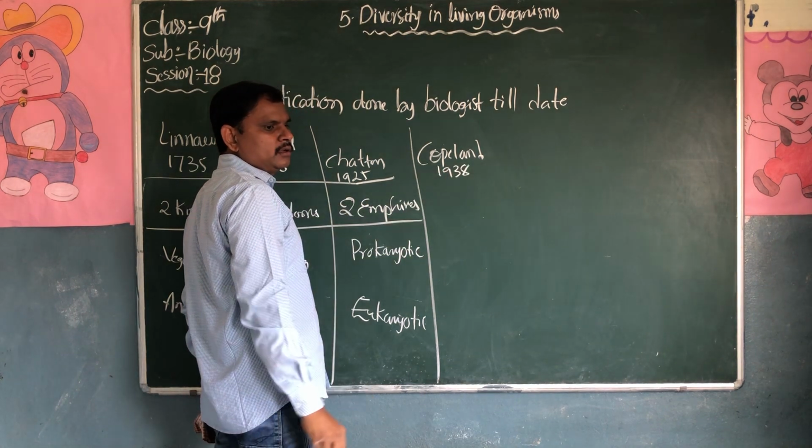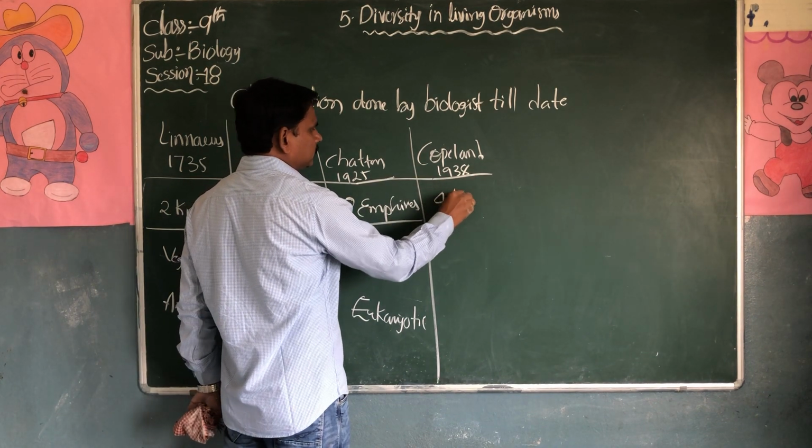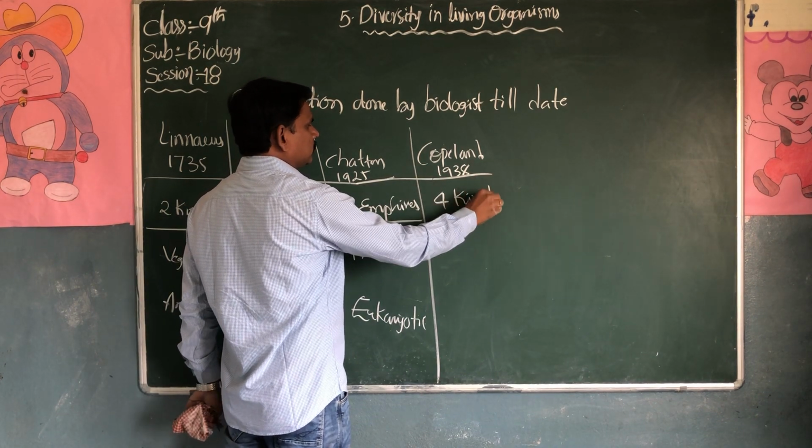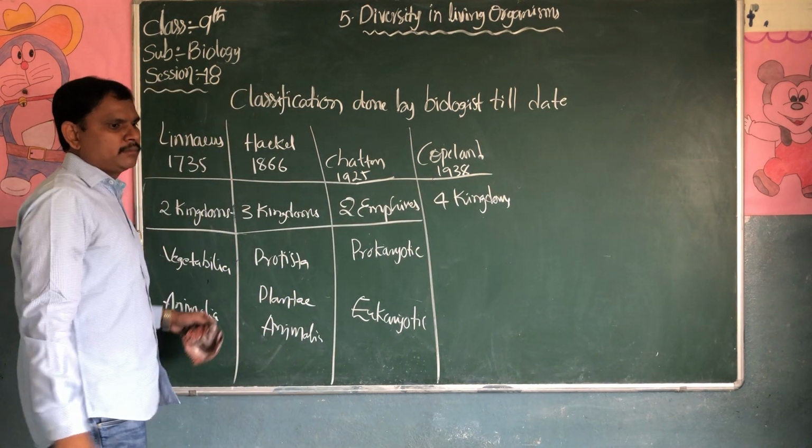Next one is Copeland in 1938. He divided four kingdoms. Two more kingdoms here. Already plants and animals are there.